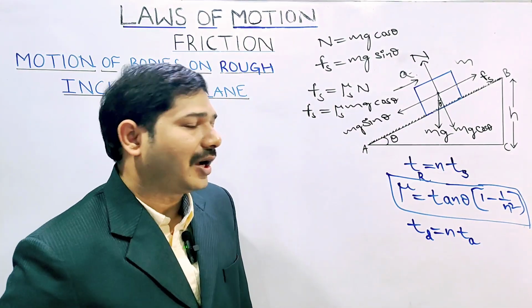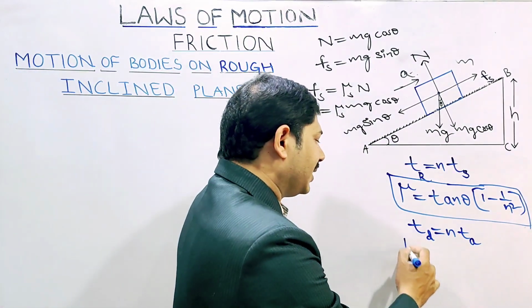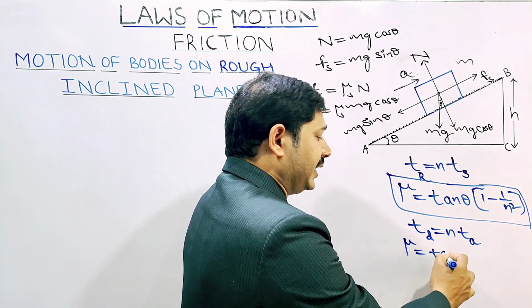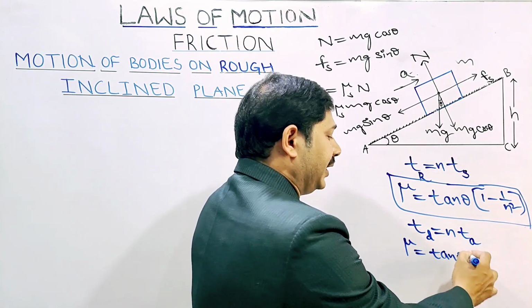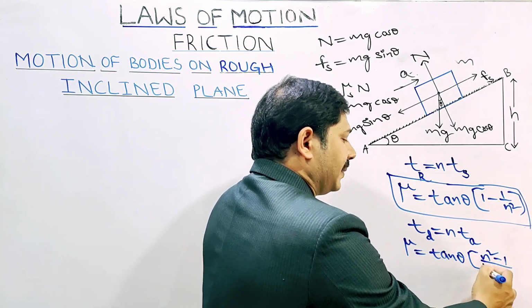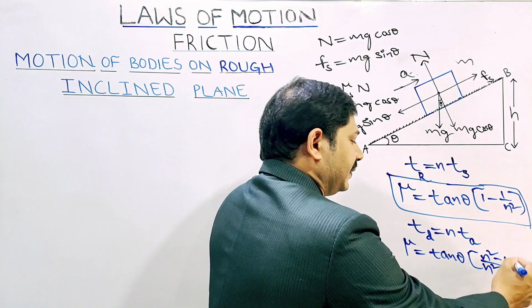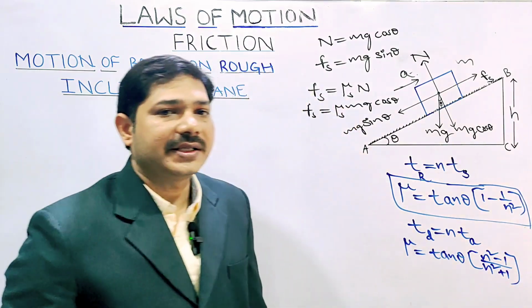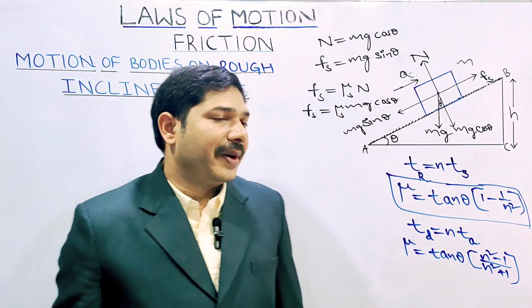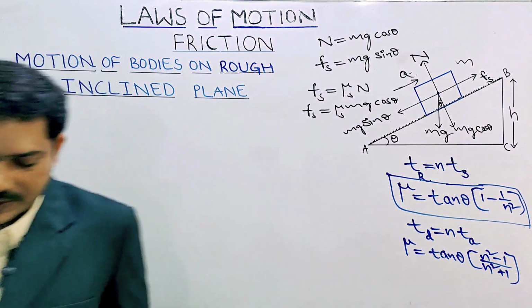So the coefficient of friction formula is mu equal to tan theta into n square minus 1 by n square plus 1.